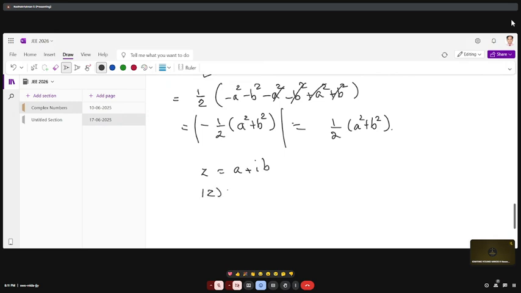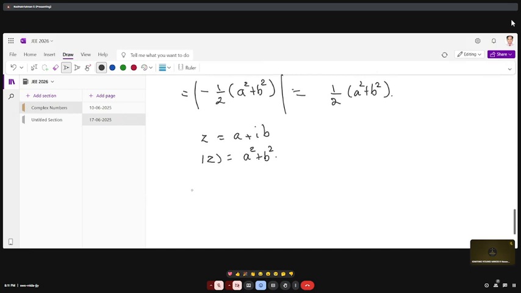So mod z is the square root of a square plus b square.